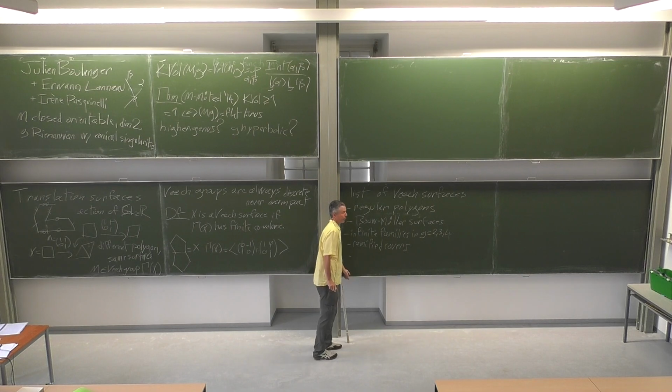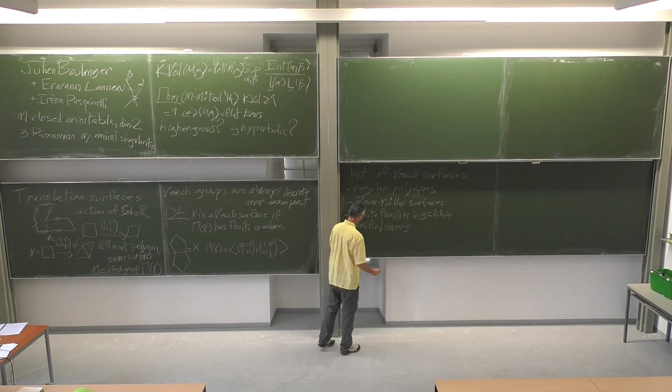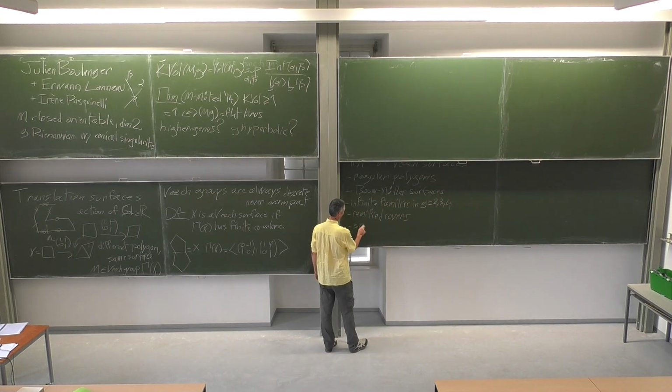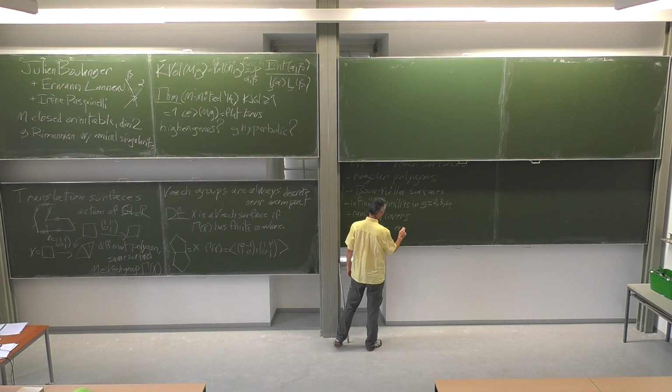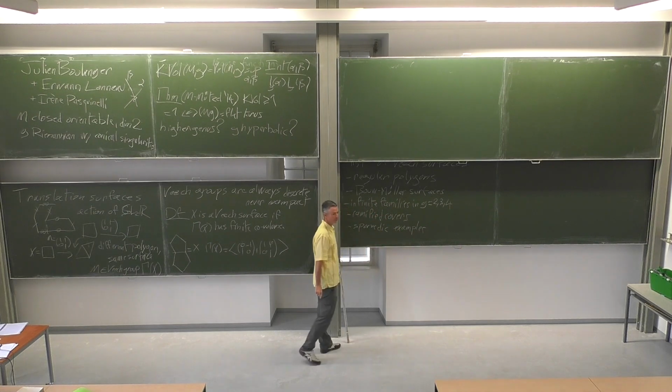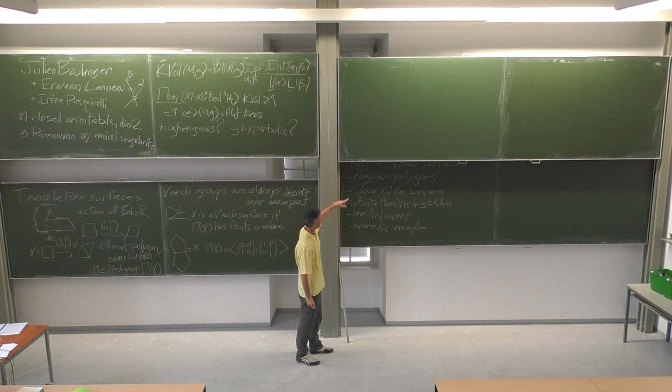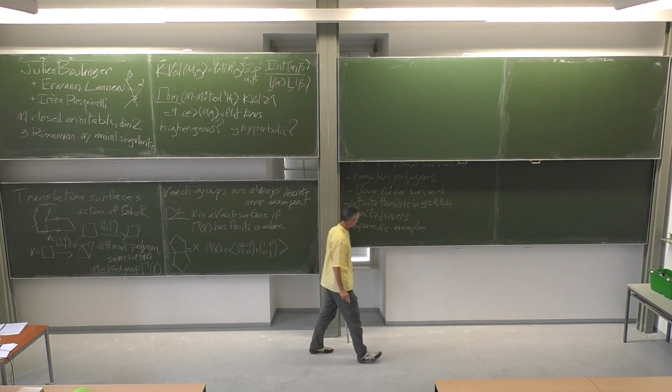Then you have some sporadic examples, and that's all. At least it's a conjecture. But if it's a conjecture, it's not very far from being a theorem, because I think the only remaining open case is when the genus is 5. So this is true, maybe except in genus 5.